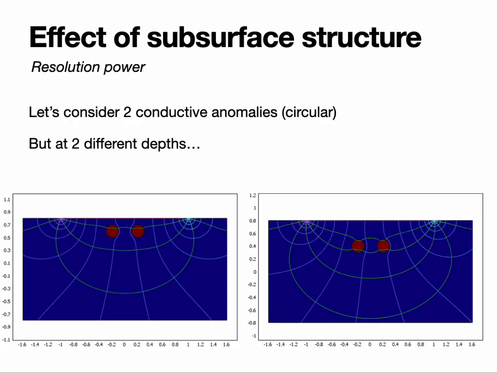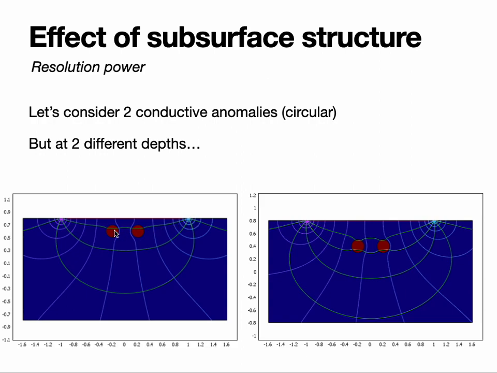So now let's talk about resolution, because we can only make measurements at the surface, and the aim is to stay there and not to dig too many holes in the subsurface. So let's consider a system with two conductive anomalies. So these are the circles here, and you emit current from this point.